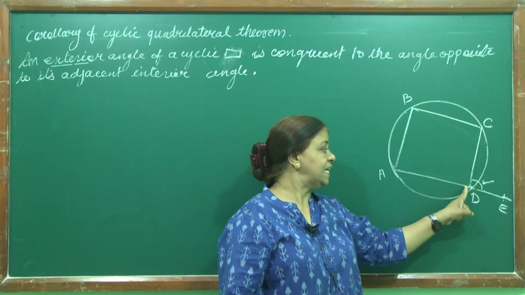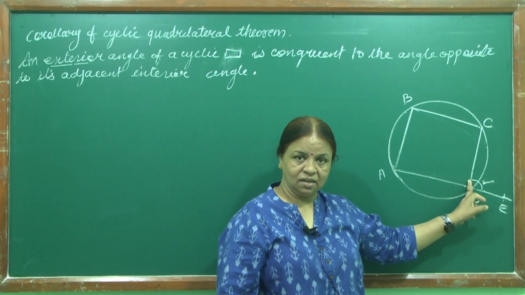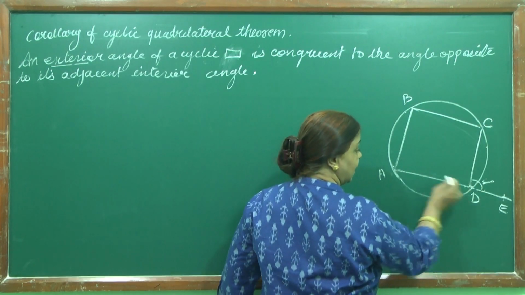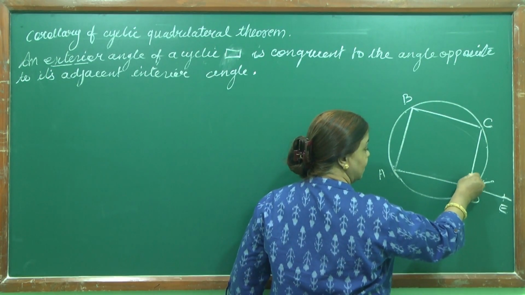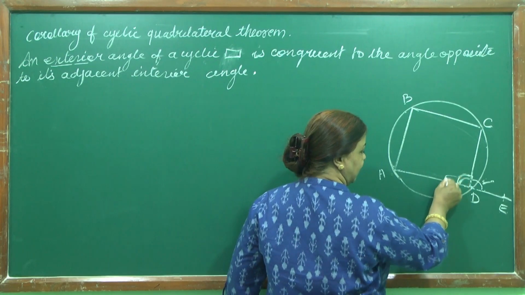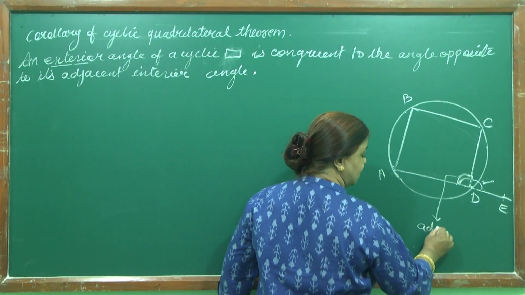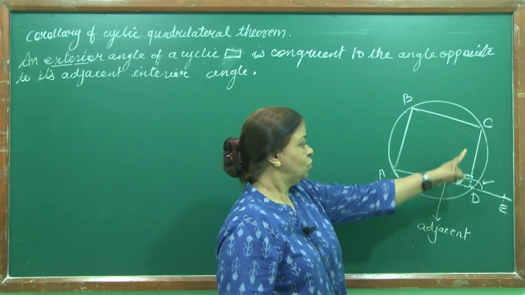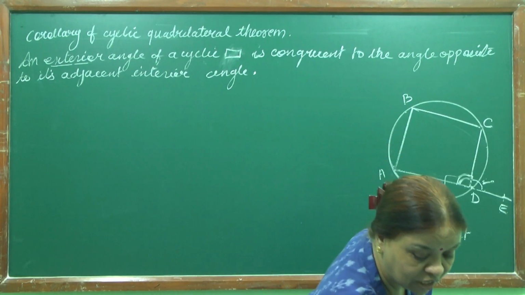Now see, CDE is one angle and the adjacent angle is which one? CDA. This is the adjacent angle. I am drawing it double and writing it as adjacent. Adjacent means just near. So let me use colorful chalk.